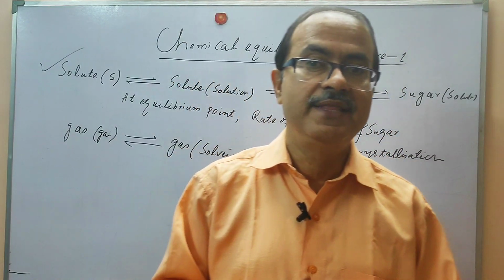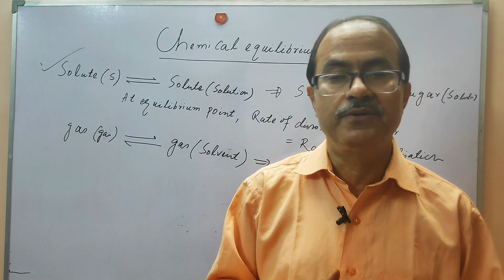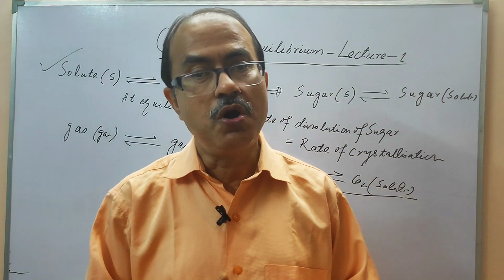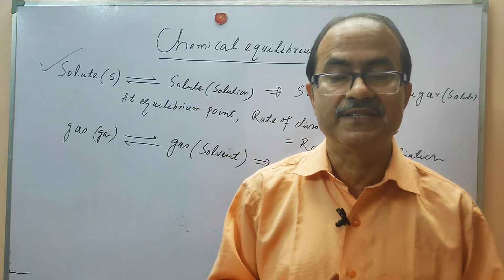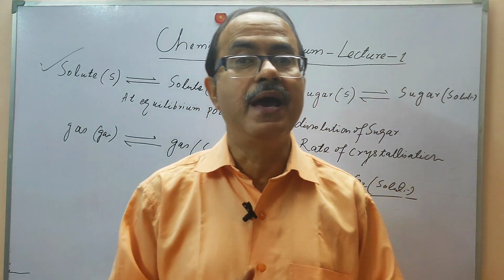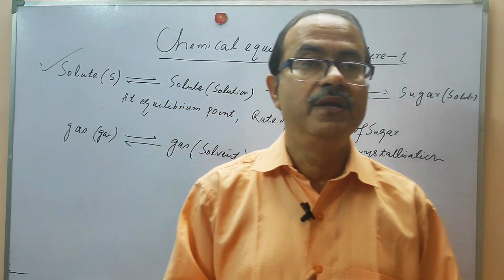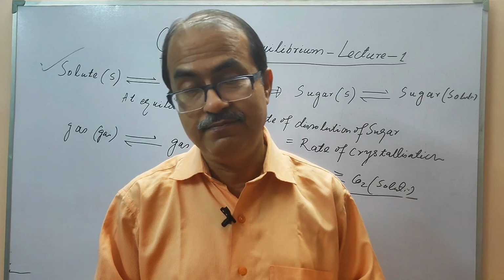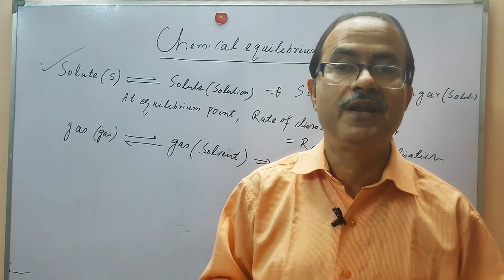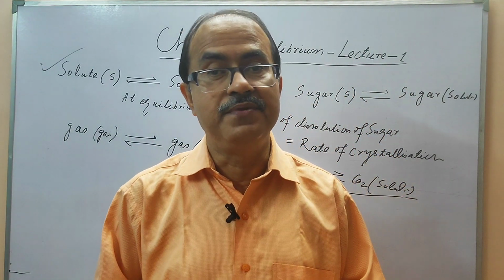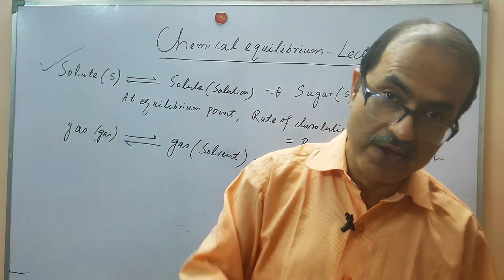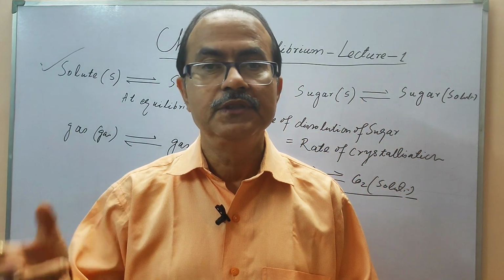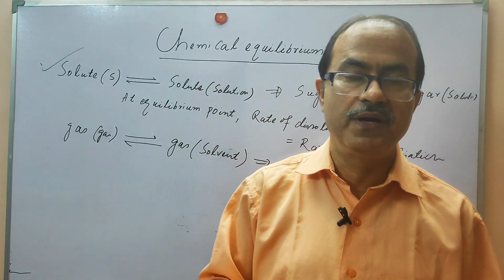This law states that at a particular temperature, the mass of the gas dissolved in a given amount of the solvent is directly proportional to the pressure above the solution. The higher the pressure, the higher the content of the gas.